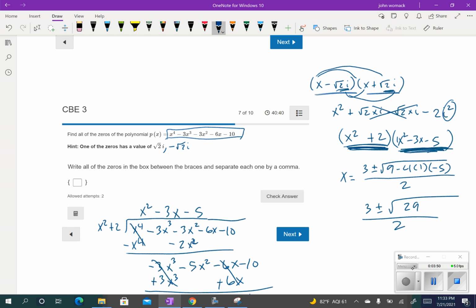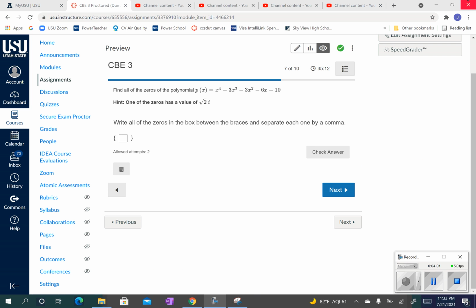So it says write all the zeros. So if it says all the zeros, I think we're going to include the original one, square root of 2i, and a negative square root of 2i, and my other two over here, which is plus or minus the square root of 29. Sorry about that.